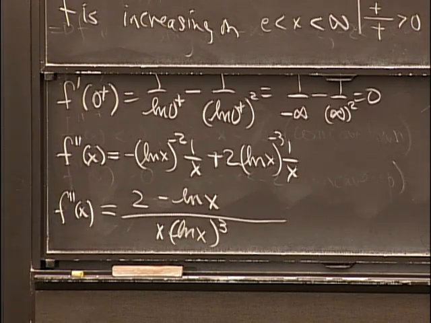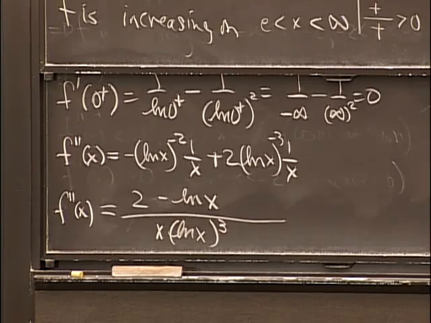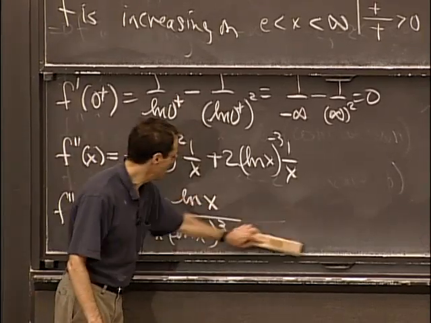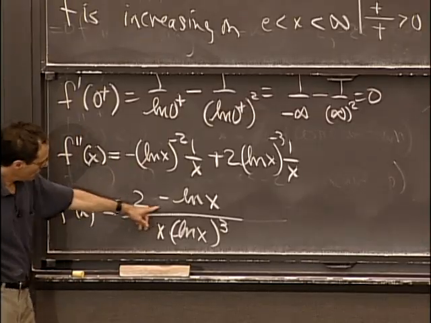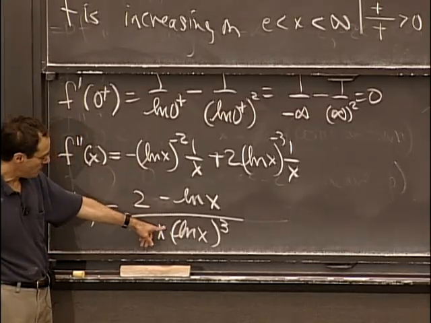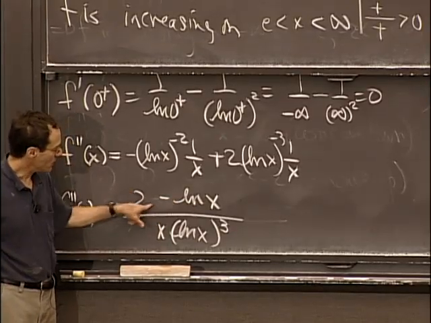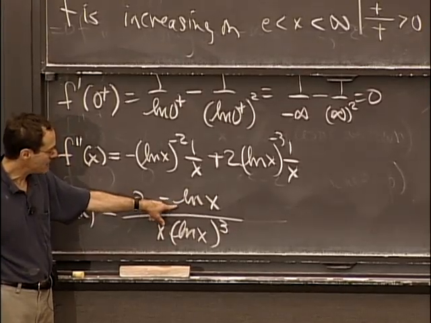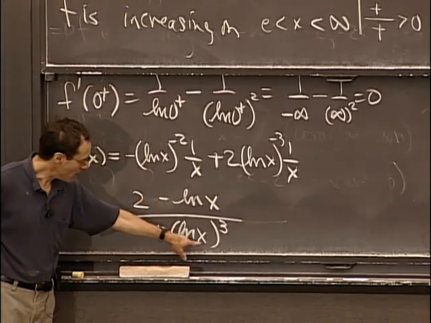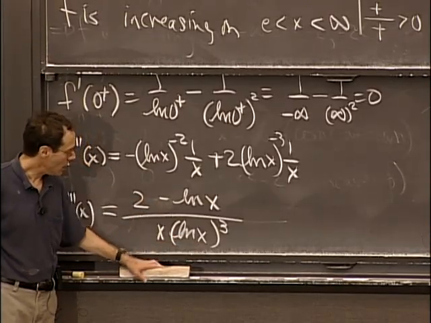Now, to decide the sign, you see there are two places where the sign flips. The numerator crosses when the logarithm is 2, that's going to be when x is e squared. And the denominator flips when x is equal to 1.